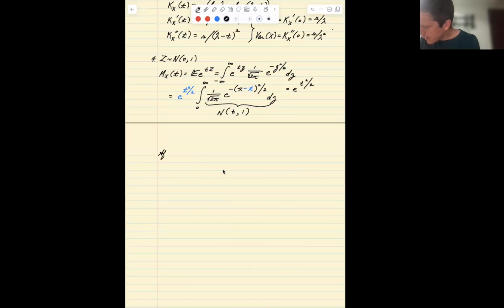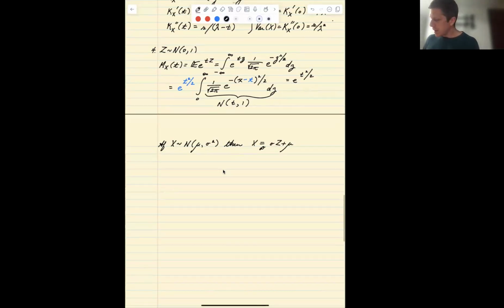Now, if x is normal with mean mu and variance sigma squared, this gives us a way to compute the moment generating function directly of an arbitrary normal by realizing this relationship, right?